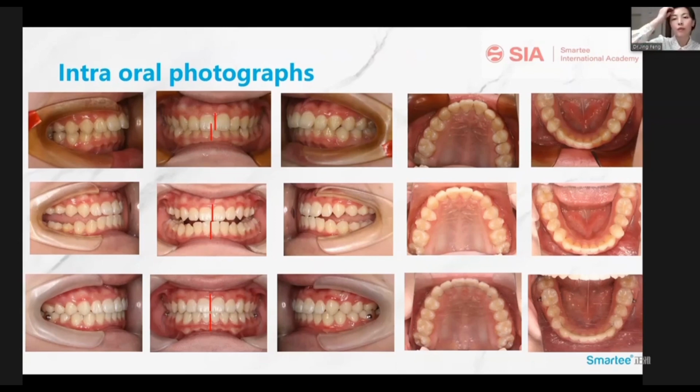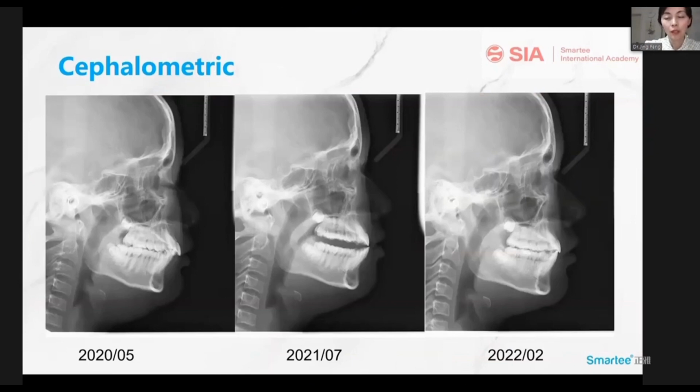The shape of the arch wire, the upper arch and lower arch, are coordinated beautifully. And the profile improved, and the lower jaw position moved forward and stable, distinctively in a very short time.